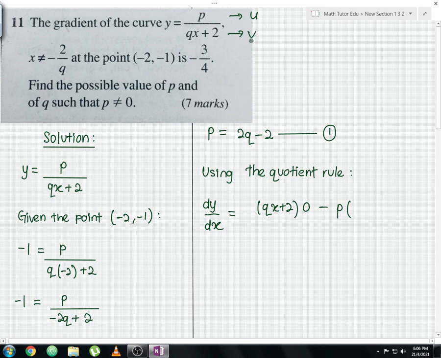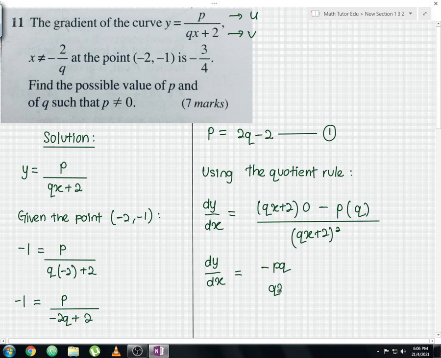You differentiate v, so from here you are only left with q. And then you divide by v squared. In this case your v squared is qx plus 2 squared. So from here you should get dy over dx is equal to negative pq over qx plus 2 squared. Let me underline the fraction.